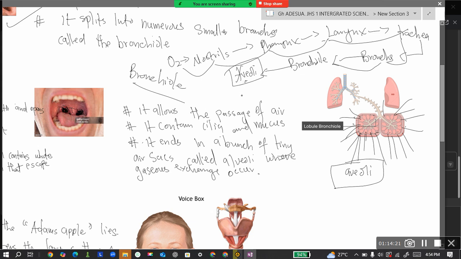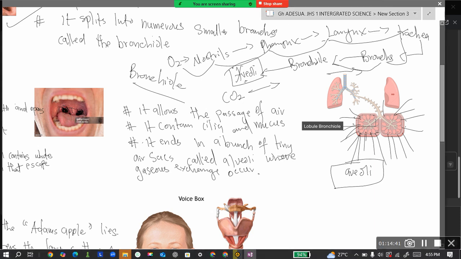It means that when we are breathing out, the process reverses, right? This time around, it will be carbon dioxide. It will move from the alveoli to the bronchioles in that reverse manner. So when we are breathing out, the arrow sign changes to this way, but when you are breathing in, it goes this way.